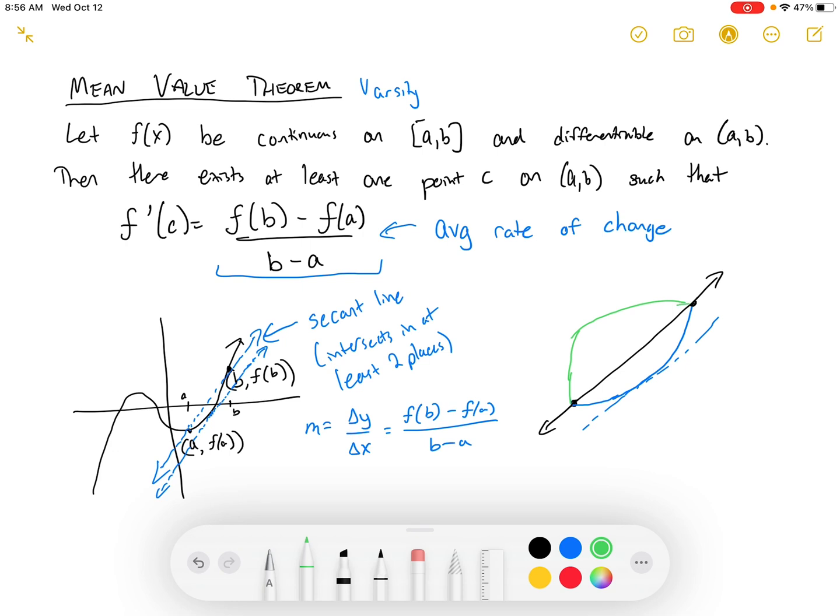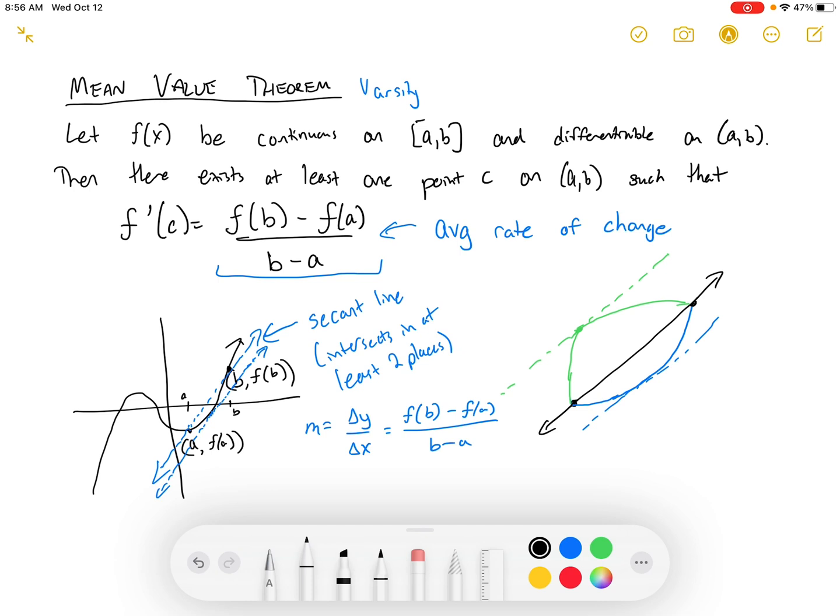So we get this little football picture here, and at some point, the slope of the tangent line would be parallel to both my blue line and my black line. So either way, if I start off growing too slow or too fast, at some point I have to correct. And obviously, if this was a linear function, we'd have that average rate of change the entire time. So again, that's how we justify it in our heads.